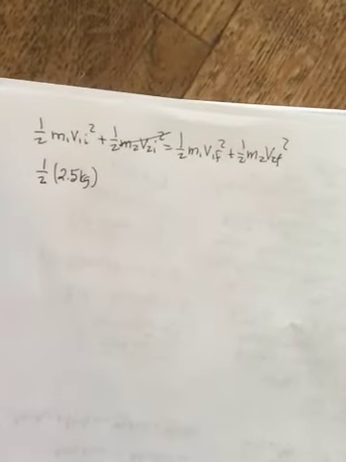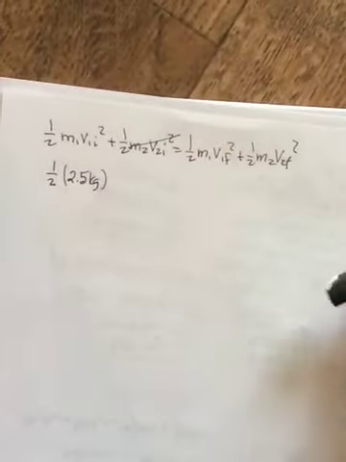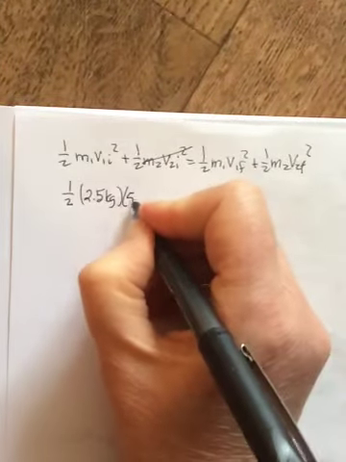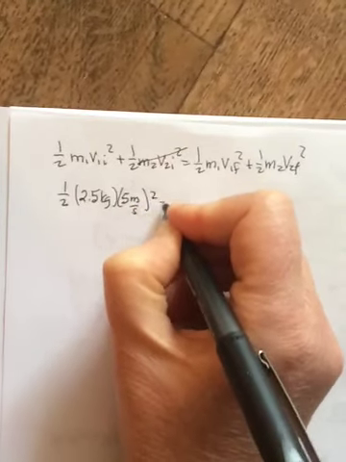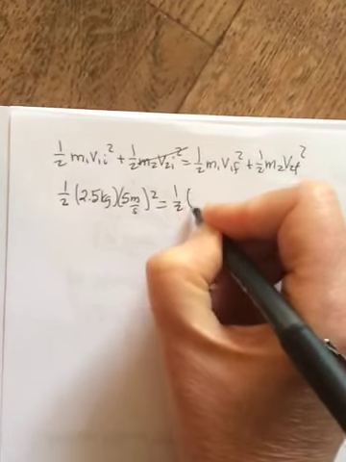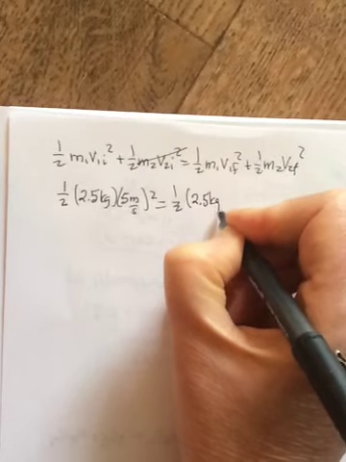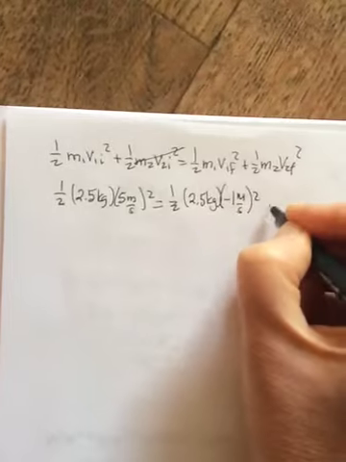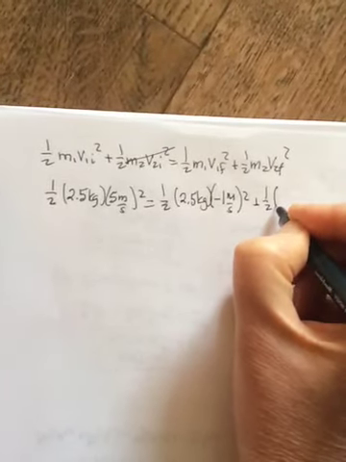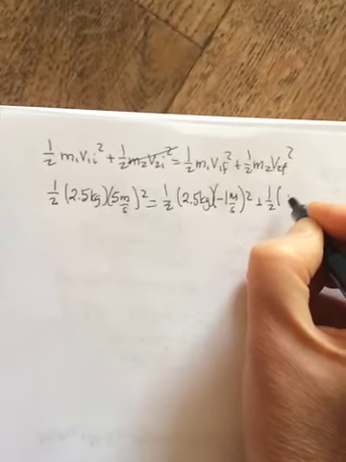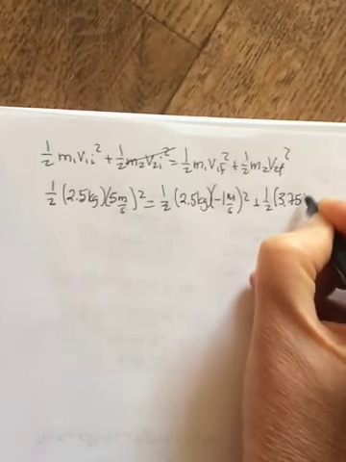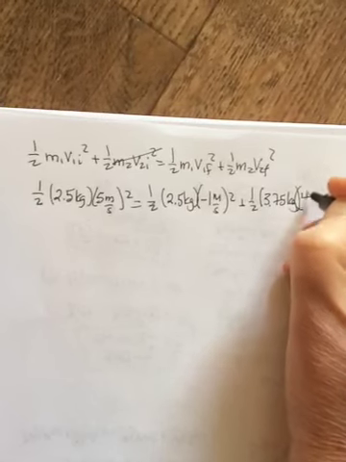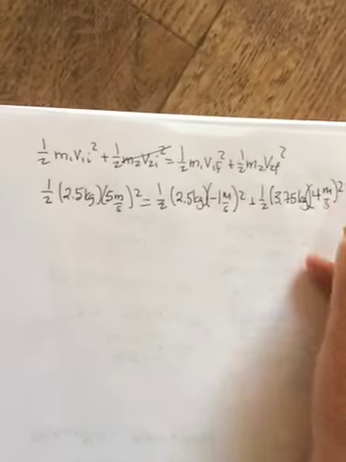I think it was 4. No, I don't know. Oh, I could look at the other sheet, couldn't I? 5 meters per second squared equals 1/2 times 2.5 kilograms. Final was negative 1 meters per second squared, plus 1/2, and we found this guy to be 3.75 kilograms, and his final was 4 meters per second squared.